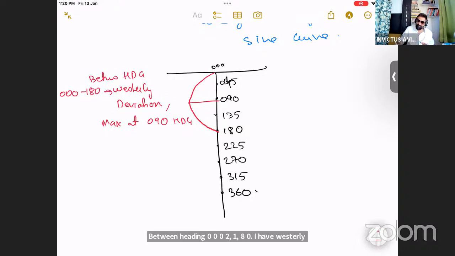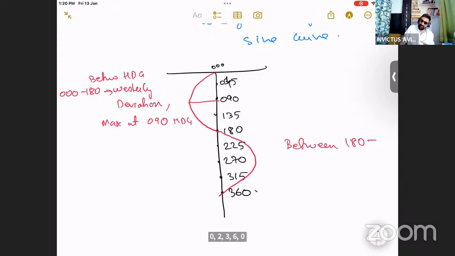And between 180 to 360, easterly deviation, max at 270.